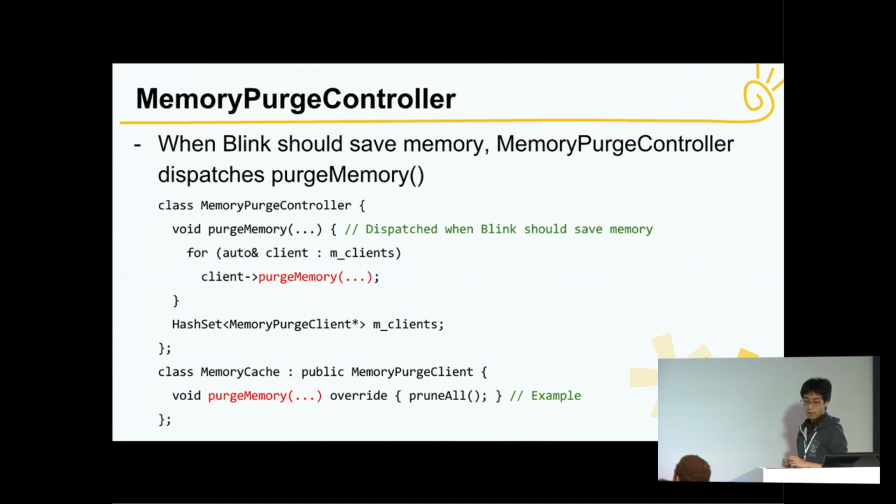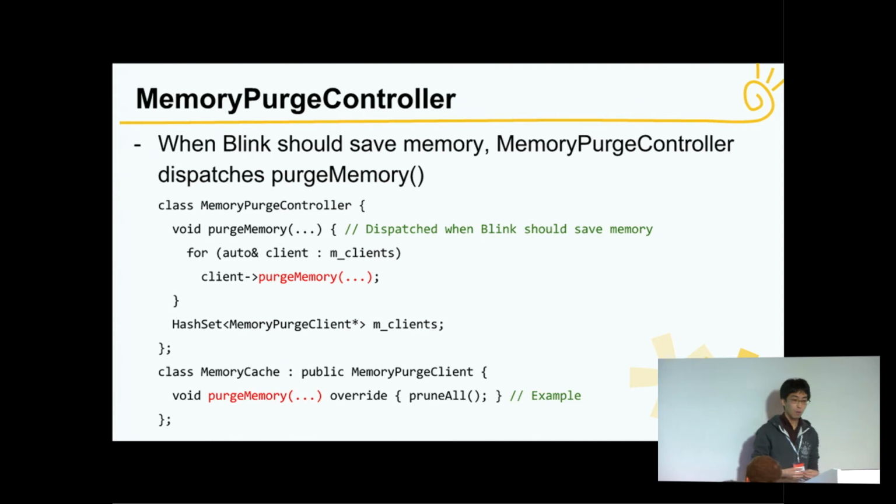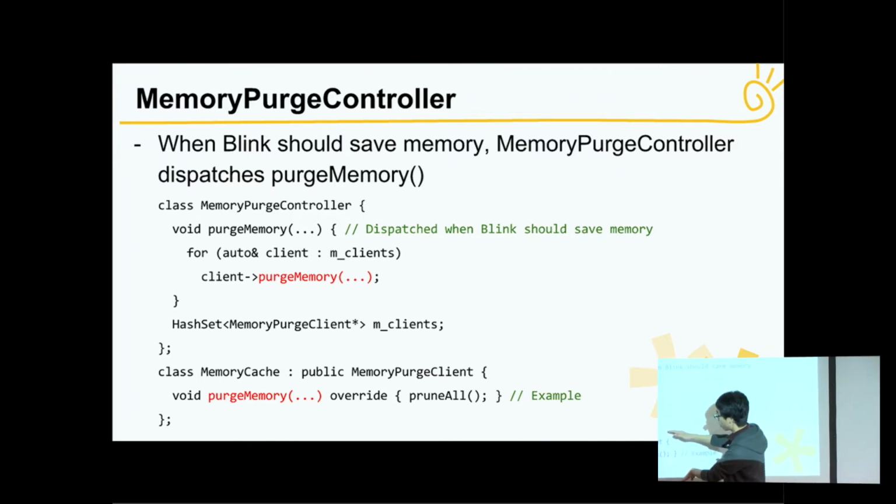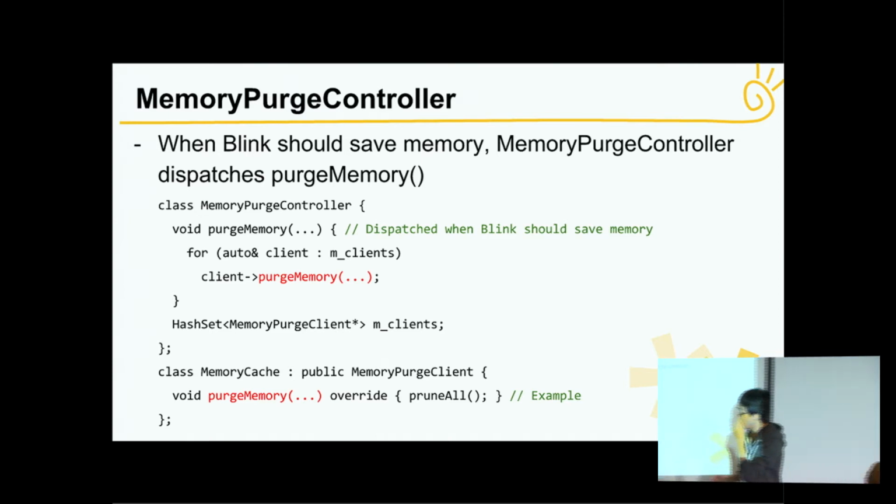The first one is memory purge controller. Basically, when Blink should save memory, memory purge controller dispatches purge memory. There are a bunch of clients of the memory purge controller. For example, in this case, memory cache is made a client of the memory purge controller.